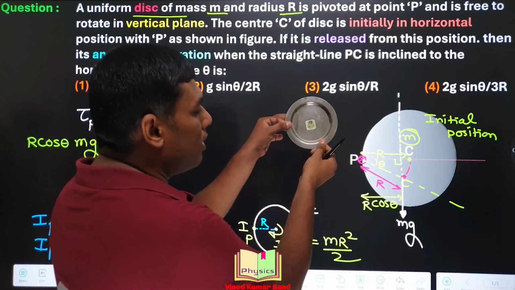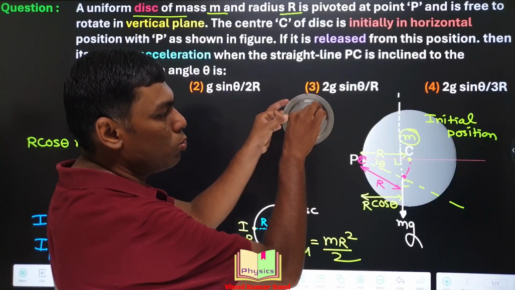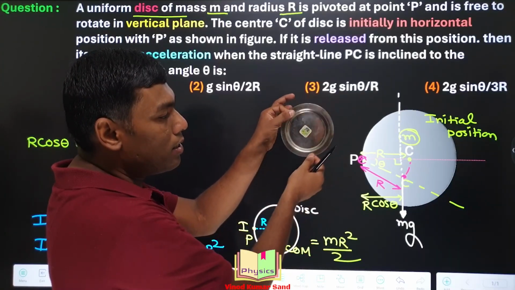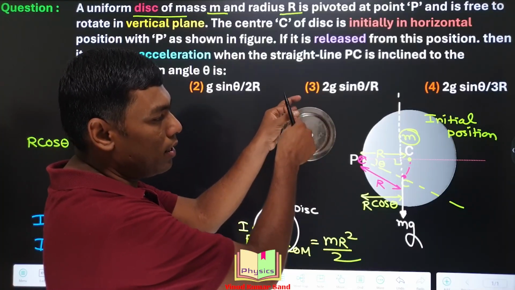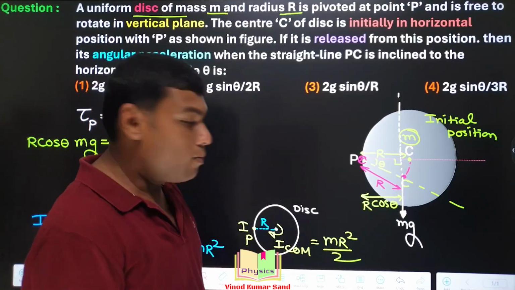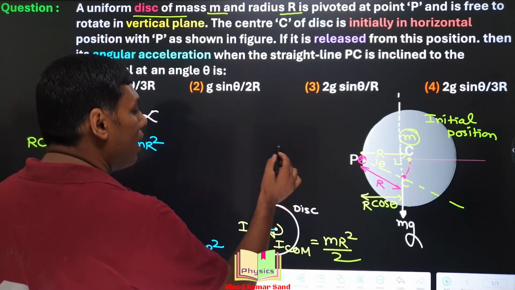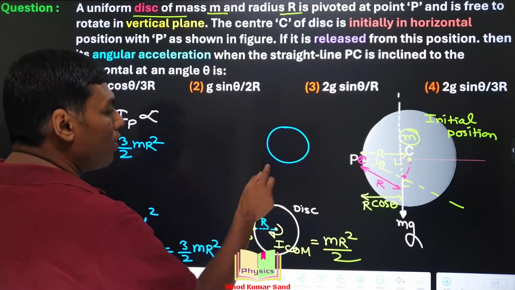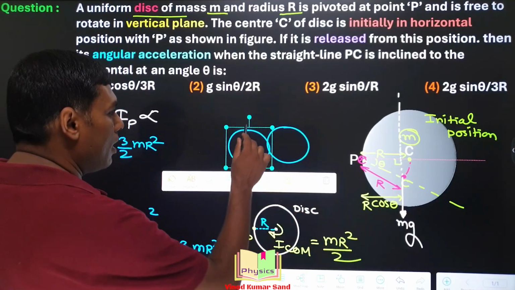Whatever position the disk has, the axis here and the axis passing through the center, the perpendicular distance between them is R. Whatever position the disk has, the perpendicular distance between them will remain R. I hope you get what I mean to say. Let's say earlier the disk was like this. Now later on the position of this disk gets a little bit changed.